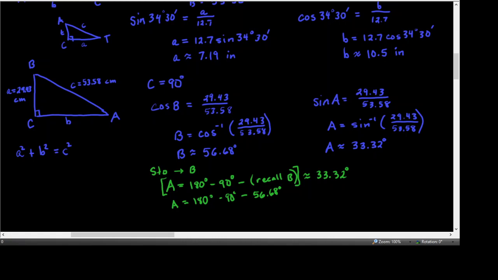Anyway, so into this formula, substitute in your givens, the length of A squared plus b squared, which we don't know, equals the square of C, which we were given. So I'll substitute that number in. So to get b squared by itself, you'll want to subtract.